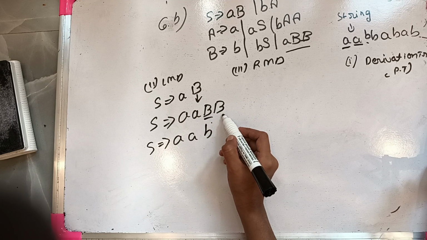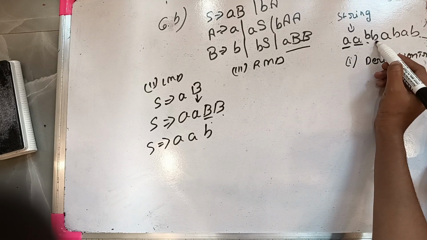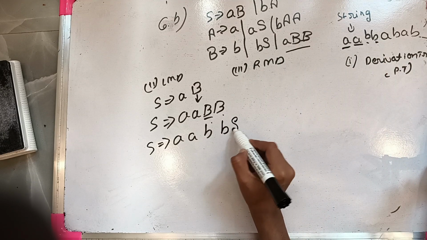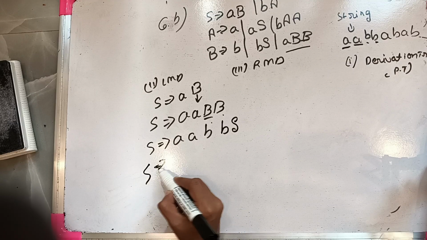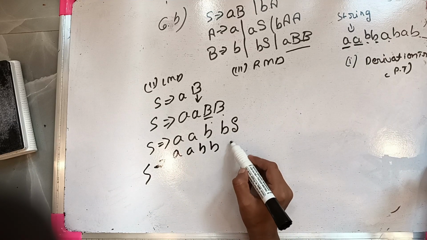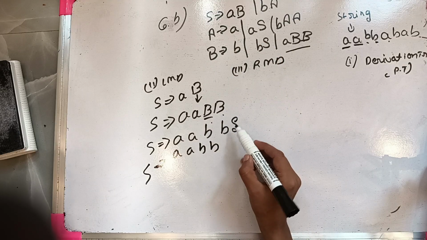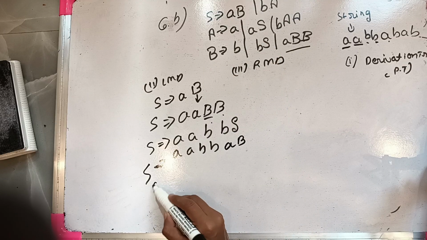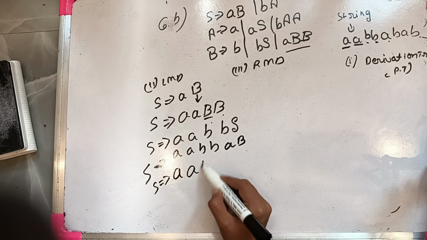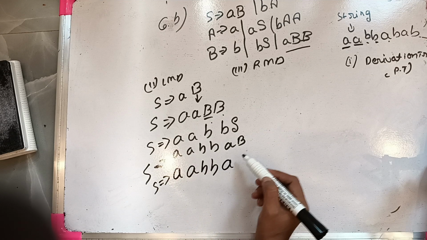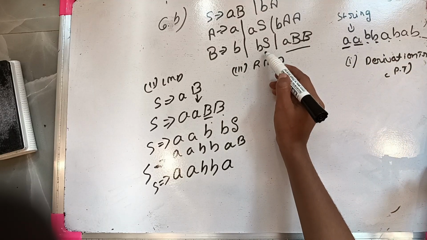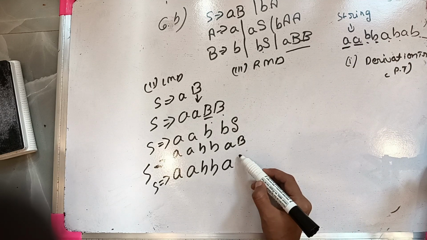Another B is here. I need B, so I will substitute this B with S. S gives B. After that I require A, so in the place of S I will substitute B. S gives B, A. In the place of B I need to substitute BS.